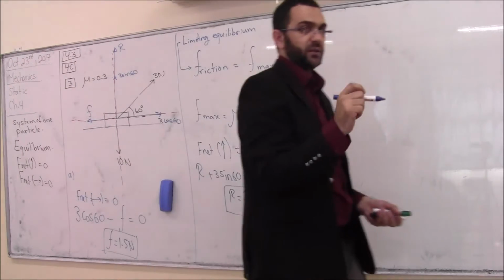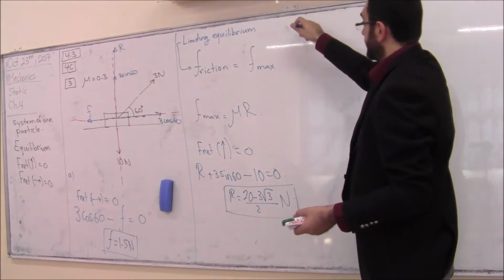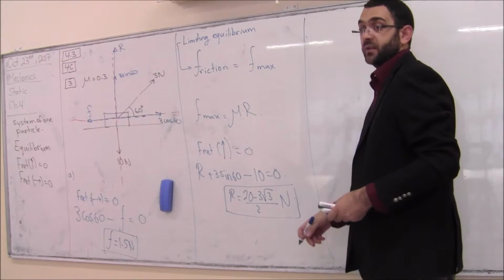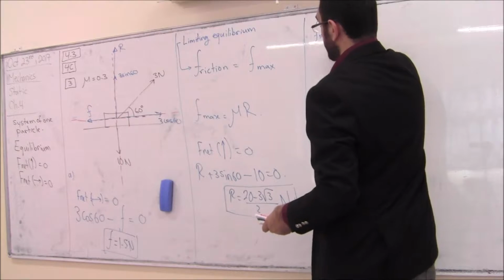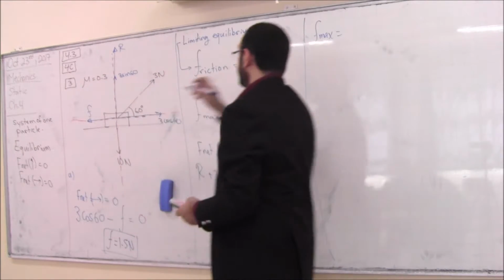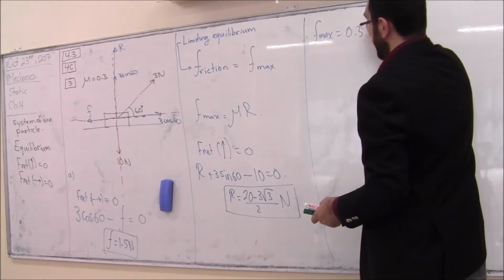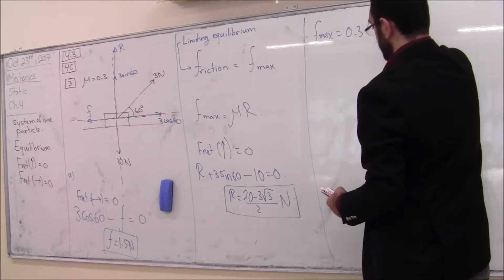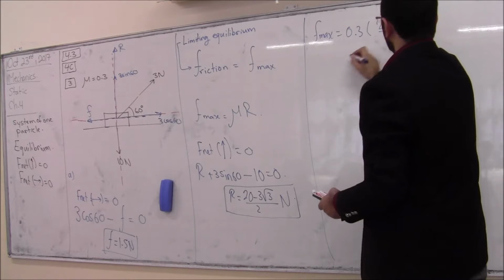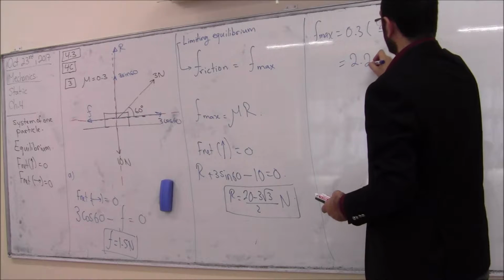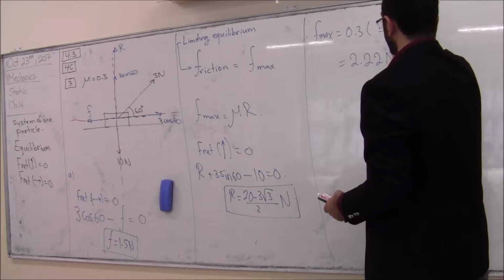Now find F max. F max equals mu 0.3 times R, which is 10 minus 3 square root of 3 over 2. That gives 2.22 newtons.